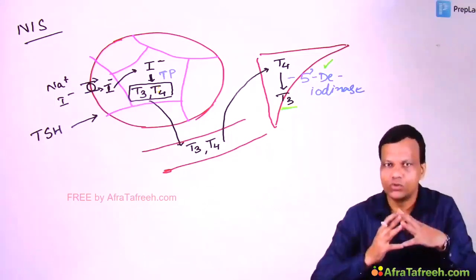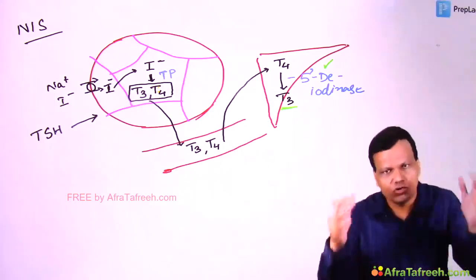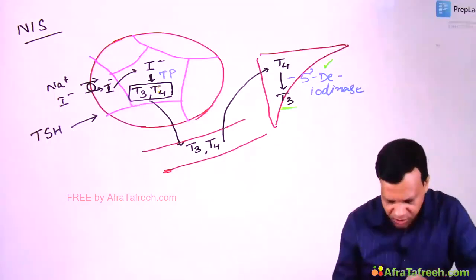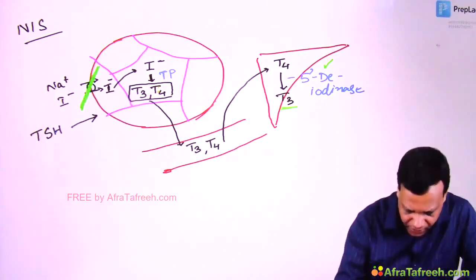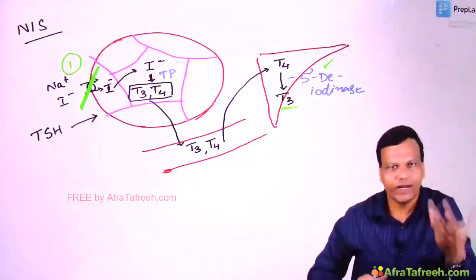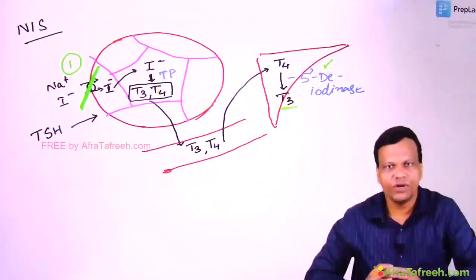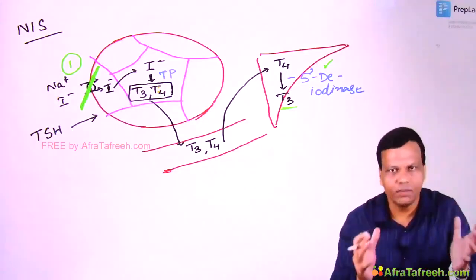So we want to treat hyperthyroidism. We want to decrease the hormone activity. So what are the options we have? Right in the beginning, we will want to inhibit the entry of iodine. If iodine does not enter, hormone will not be produced. So we can give NIS inhibitors, sodium iodide symporter inhibitors.